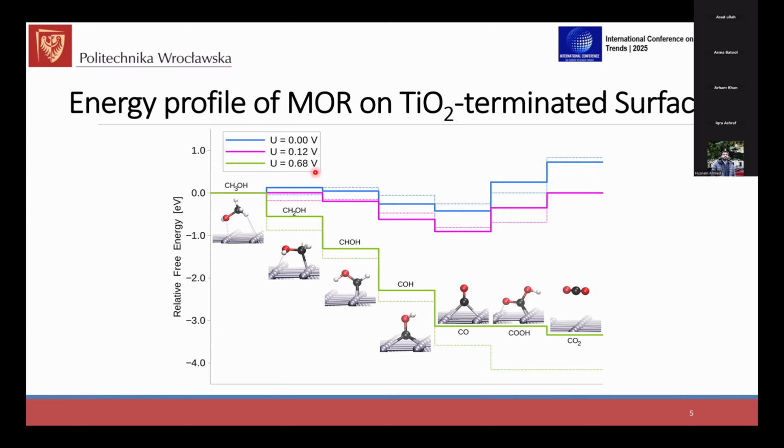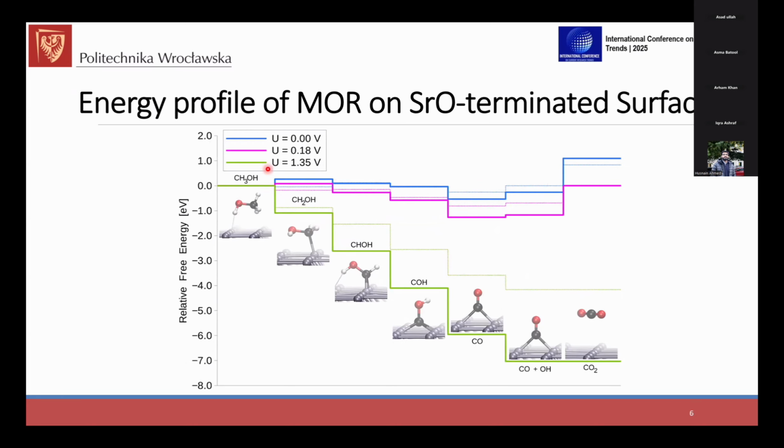The dotted lines show the corresponding profile of the platinum 100 layer, highlighting platinum on the TiO2 terminated surfaces achieving comparable, slightly improved performance as compared to the TiO2 terminated surfaces.